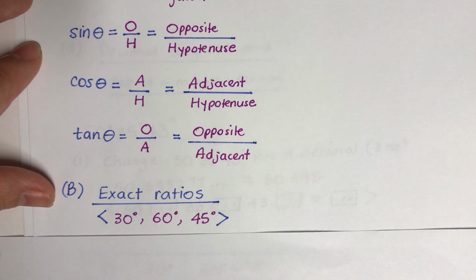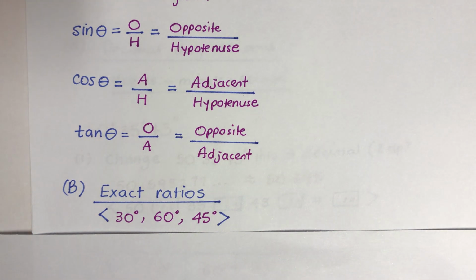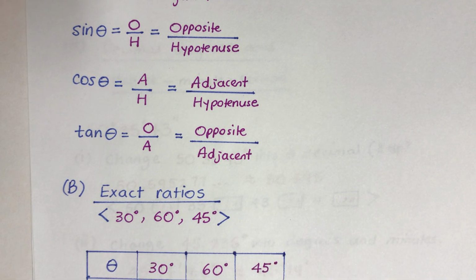Now, the second part I would like to have a look at is the exact ratios. When we talk about exact ratios, there are a few more than just these, but the main ones will be 30 degrees, 60 degrees and 45 degrees. The reason I'm putting 30, 60, 45 instead of 30, 45, 60 is I found it's a bit easier to remember.